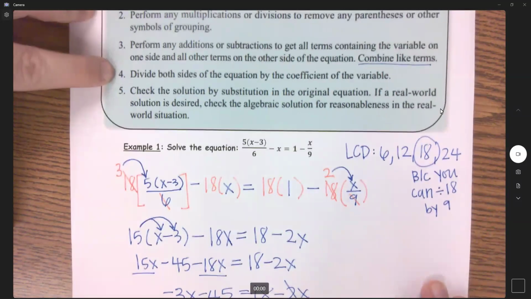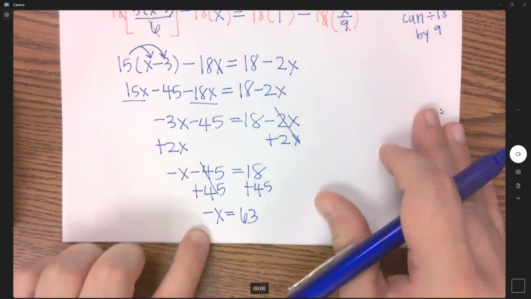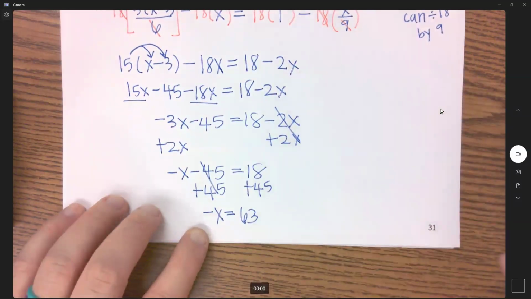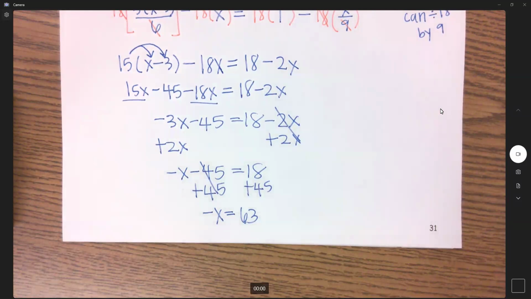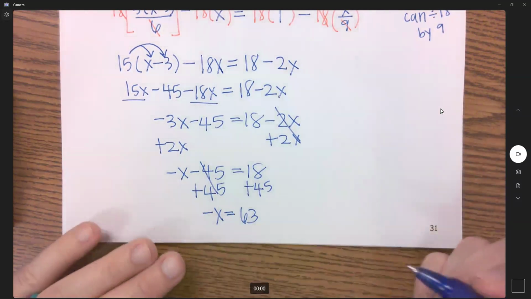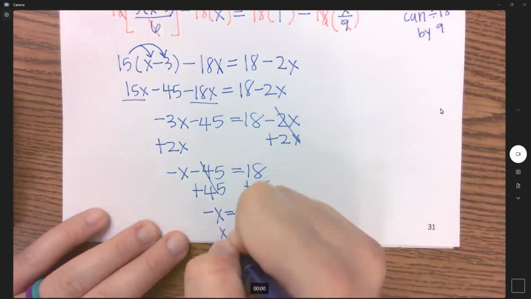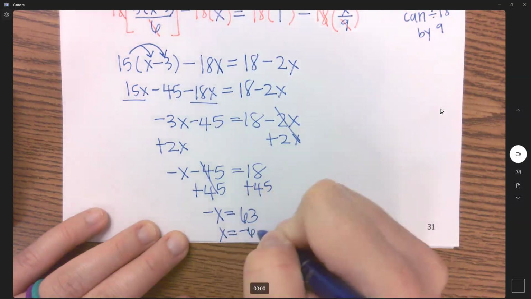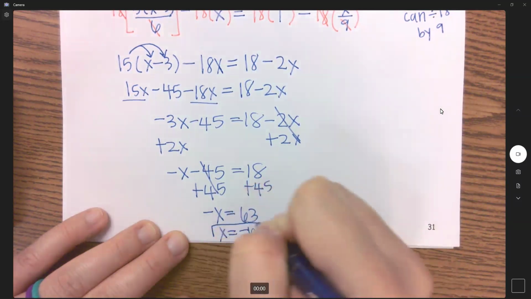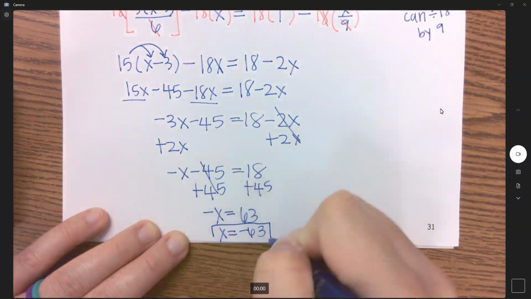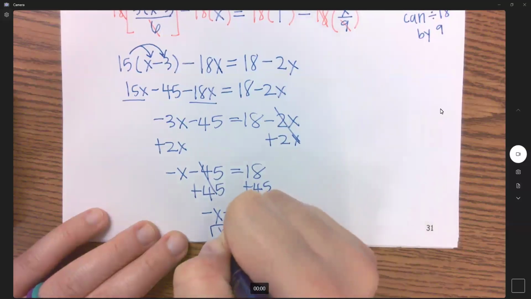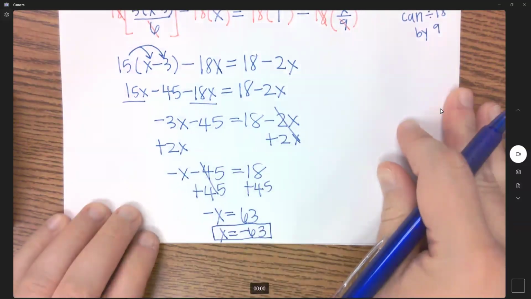And then step 4 is to divide both sides of the equation by the coefficient of the variable. I have solved here for a -x, and I need to solve for a positive x. So you can either multiply by -1 or divide by -1. And we're going to get x equals -63 for our answer.